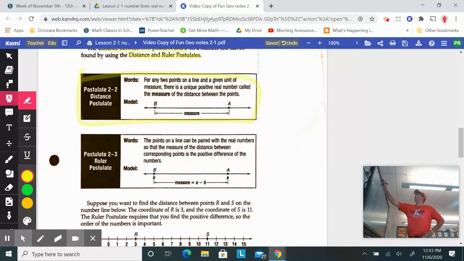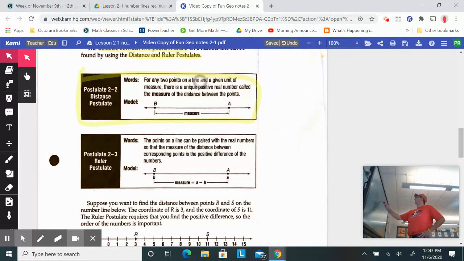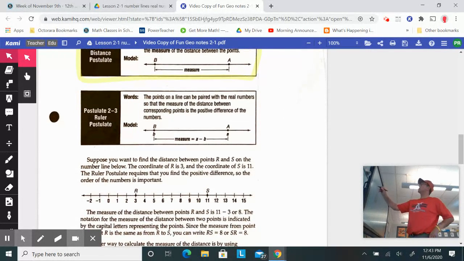For any 2 points on a number line, and a given unit of measure, there is a unique positive real number called the measure of the distance between the points. That's a fancy way of saying when you have a distance, you're measuring from one point to the other. That's where rulers come into play, tape measures, measuring devices. That's pretty obvious.